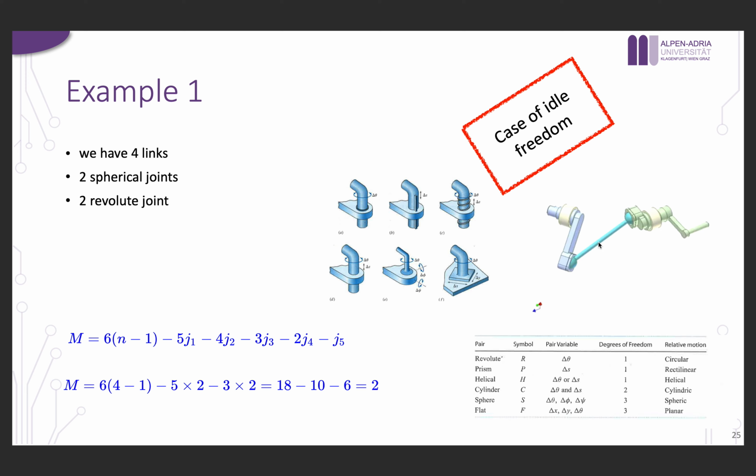This is why this freedom is not changing the total freedom, and we have here an extra, which is called the idle freedom. Some links have this extra freedom, which is why you can see it in the formula, but it's not considered in the total degree of freedom.